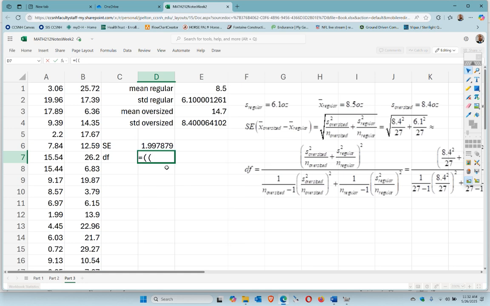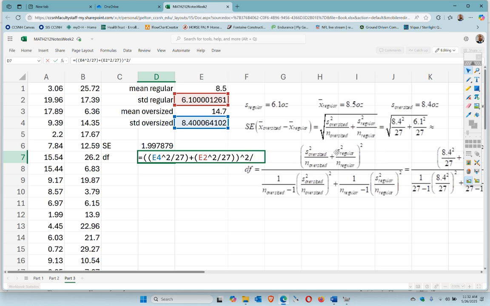So we'll do it again. The oversized squared divided by 27, close paren, plus the regular squared divided by 27, close paren, squared. All right, so that's this piece up here, which is the numerator.